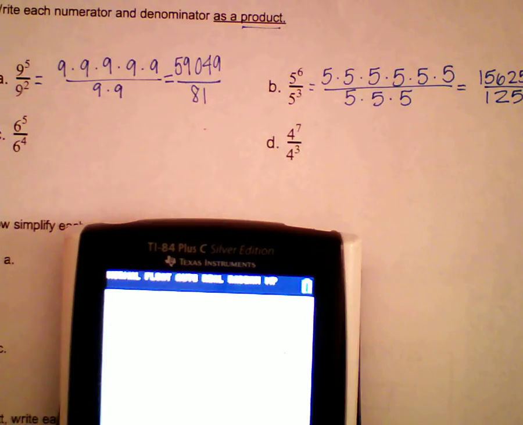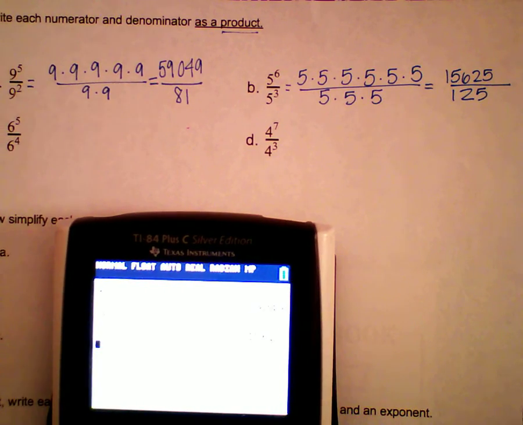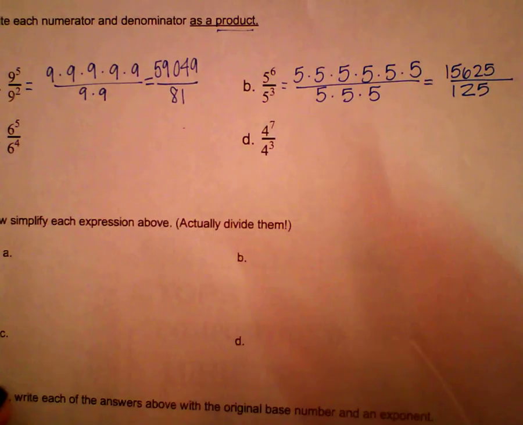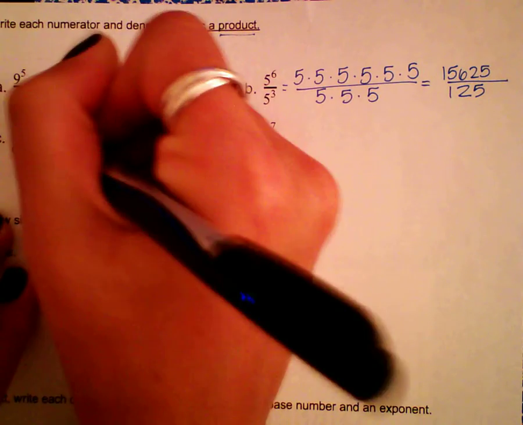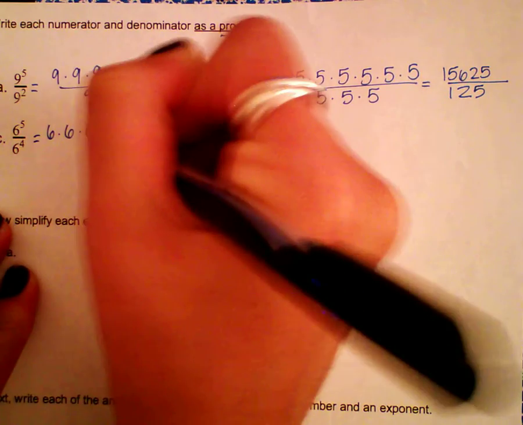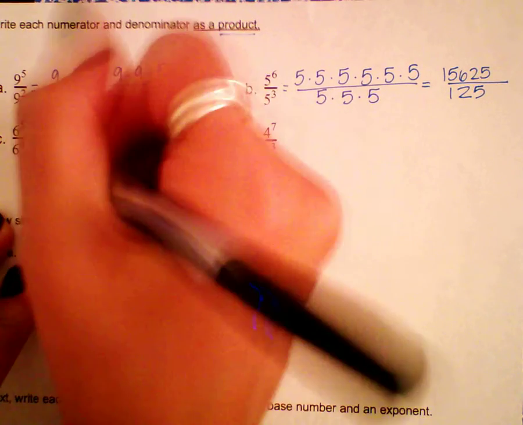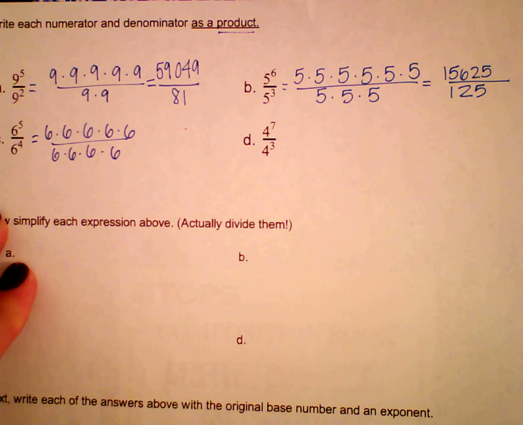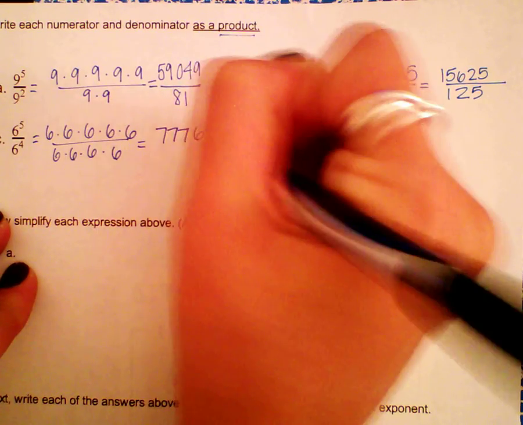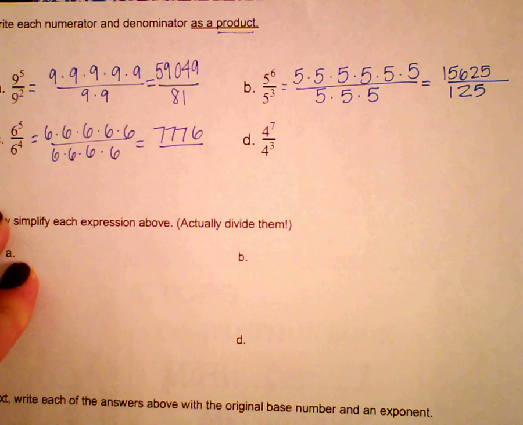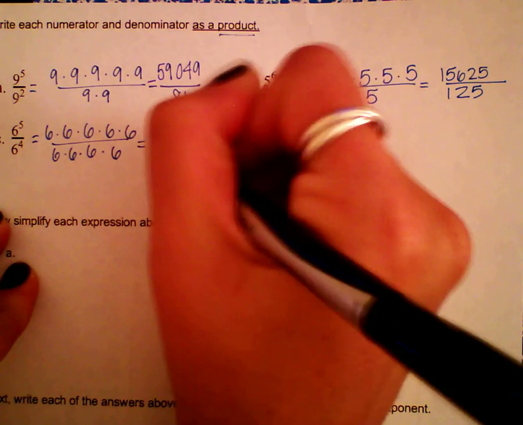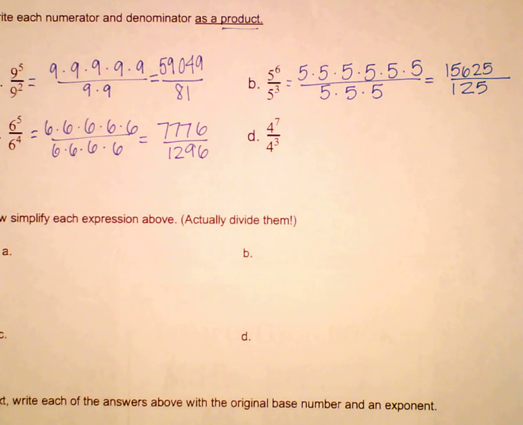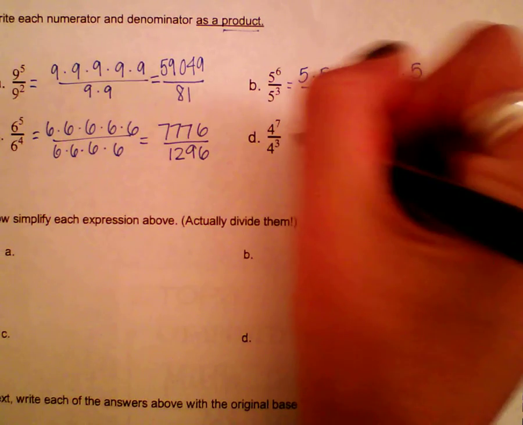Alright, looking at C, we've got 6 to the 5th power, which is 6 times 6 times 6 times 6 times 6, over 6 to the 4th power, which is, hopefully you got the same thing, 7,776 over 6 to the 4th, which is 1,296. And last but not least, hopefully this is what you got.